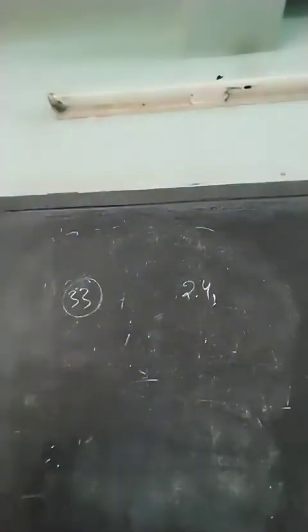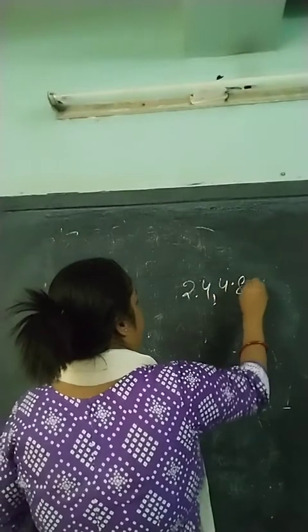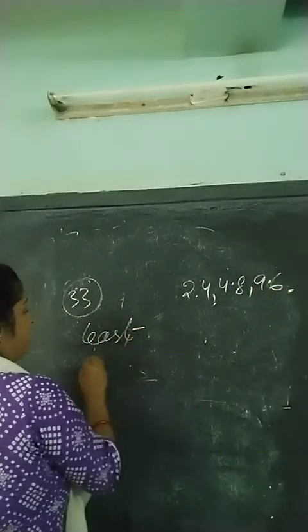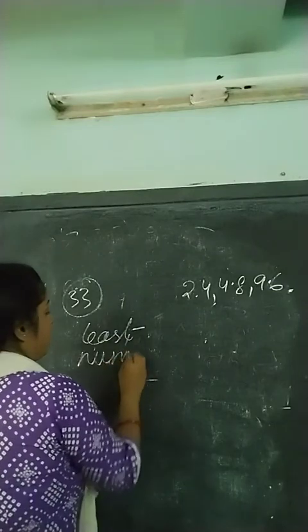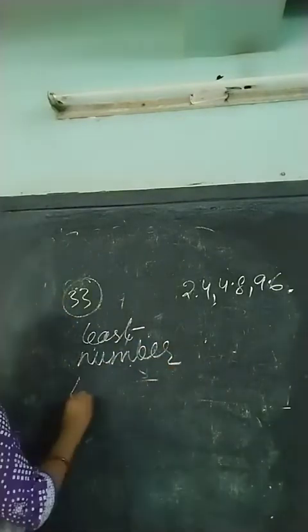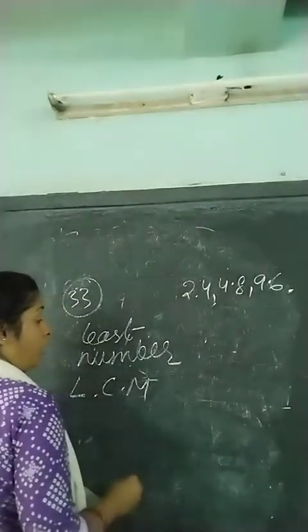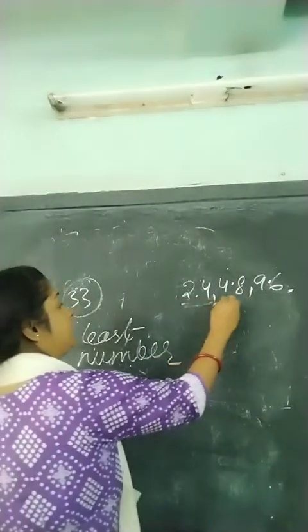The three numbers are 2.4, 4.8 and 9.6. You have to find out the least number divisible by these three numbers. Now least number means, as I have told you earlier also, the LCM of 2.4, 4.8 and 9.6.